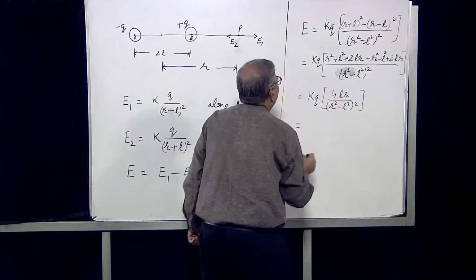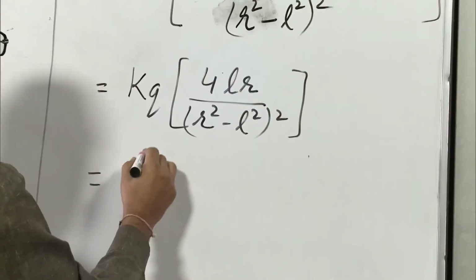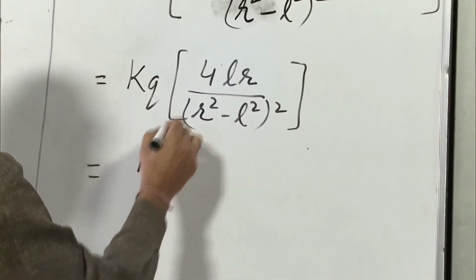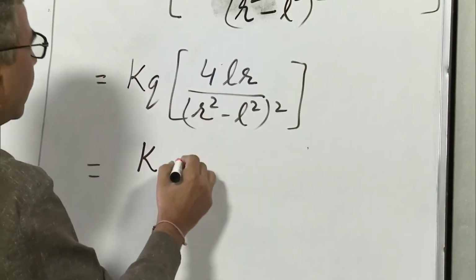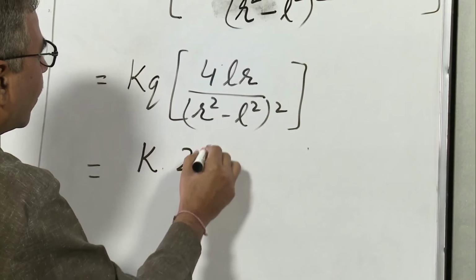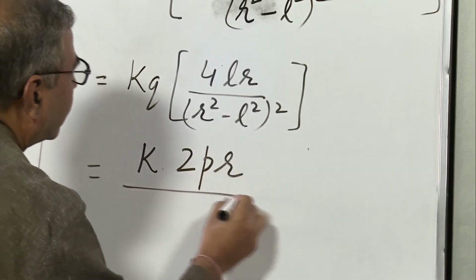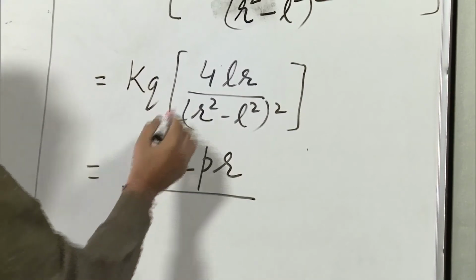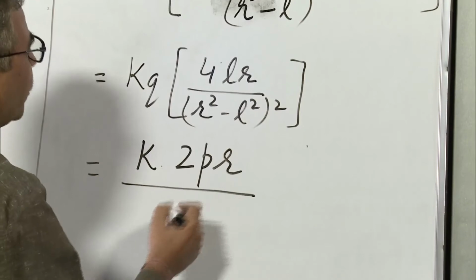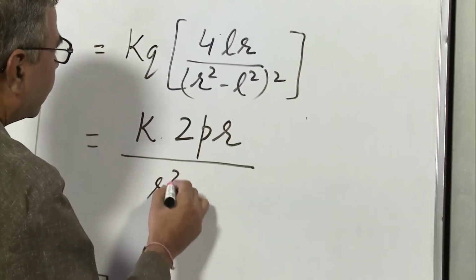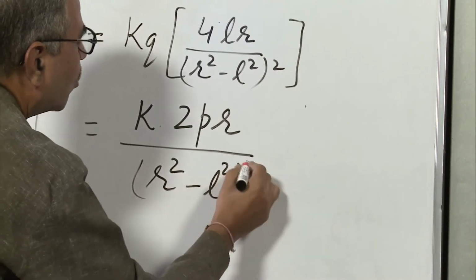It can also be written as K 2PR upon (R² − L²) whole square.